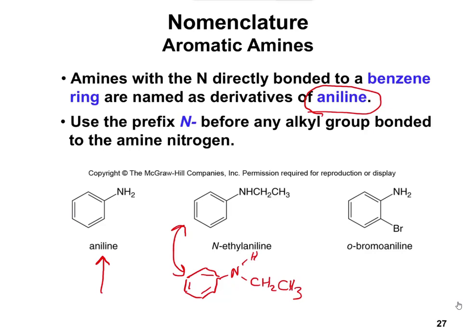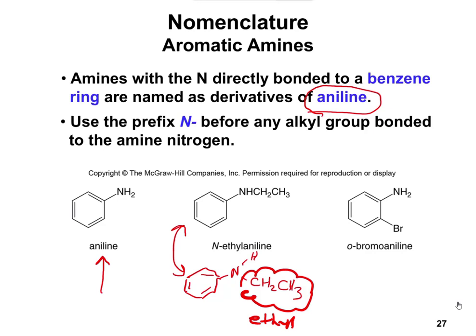So in this case, instead of it just being aniline, we actually have this other group attached to it, an ethyl group. So this ethyl group right there, we have to name as a substituent. Just like with any other organic molecules to this point, you would name and number the substituents.